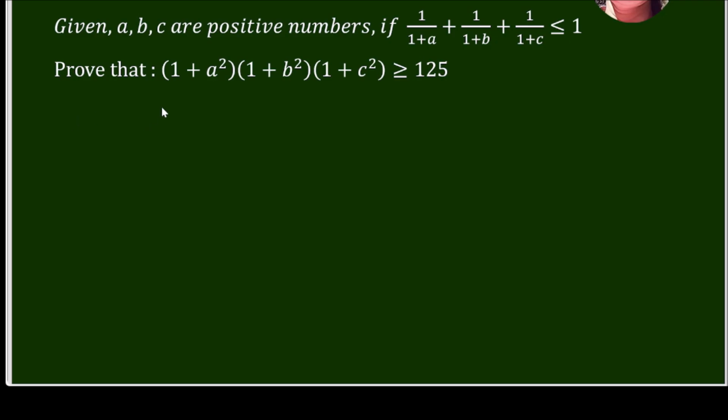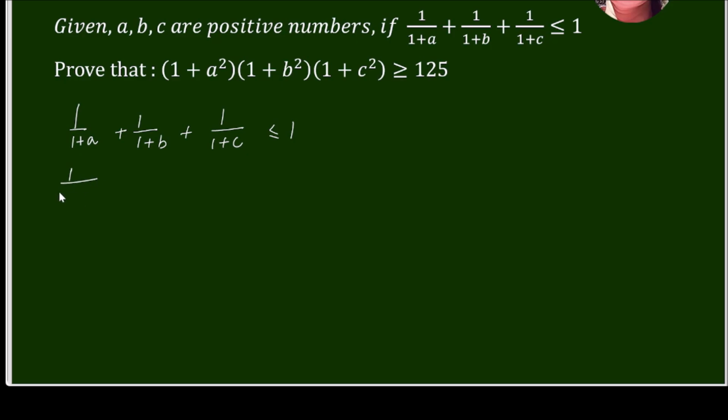So starting from what is given, 1 over 1 plus a plus 1 over 1 plus b plus 1 over 1 plus c is less than or equal to 1.